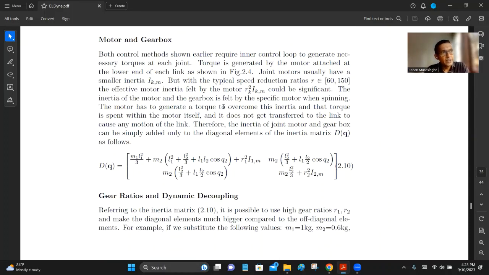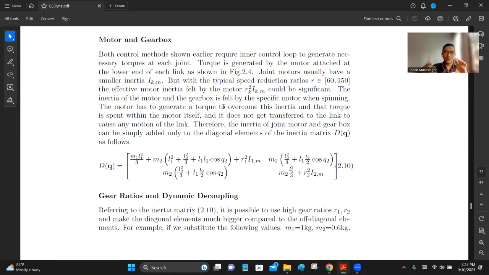The other thing is that now if you get a motor and a gearbox attached to it, and then comes the link, right? If you generate, and this is not practically possible, but to understand the concept, a certain amount of torque which is just enough to drive the motor and the gearbox, still the motion is not there, right?